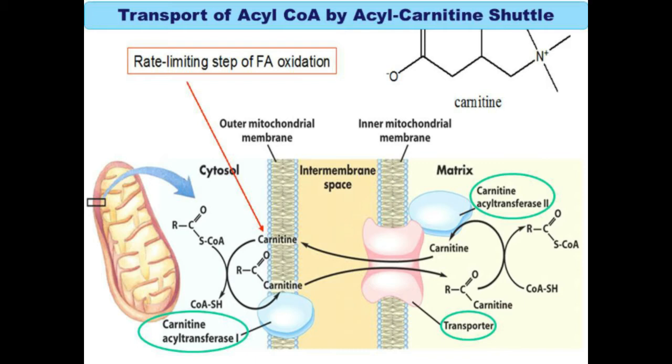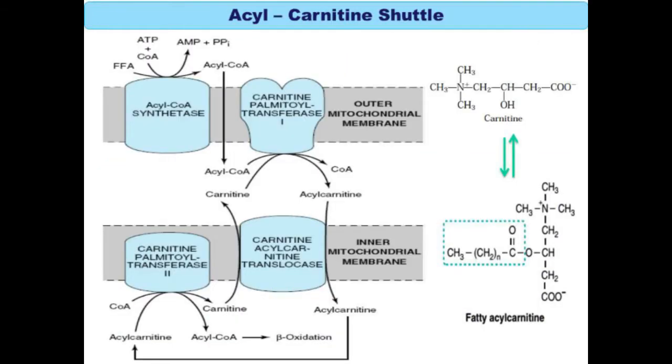Scientists I.B. Fritz and others showed that the stimulation of fatty acid oxidation by carnitine is due to the action of an enzyme, carnitine acyltransferase 1, present in the outer mitochondrial membrane.